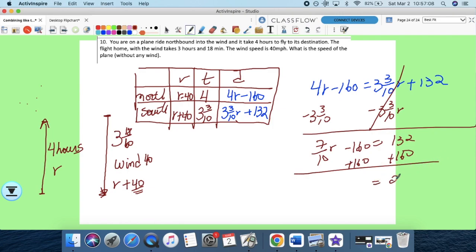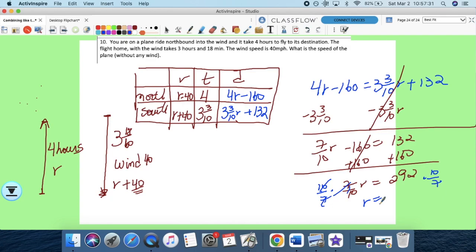That's 292. We divide both sides by 7 over 10, which is the same as multiplying by 10 over 7. So this all simplifies to r.